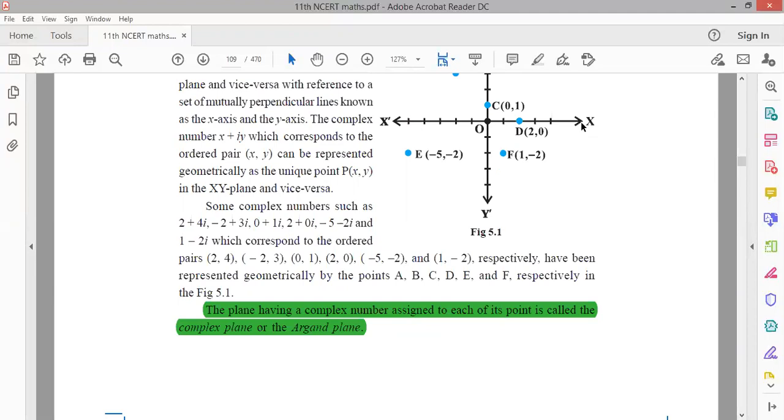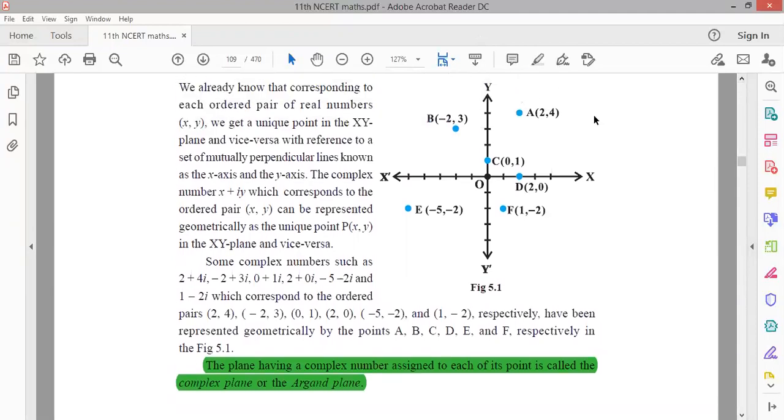Along this horizontal axis, also called the real axis, we represent the real part of the complex number. And along this vertical axis, called the imaginary axis in the Argand plane, we represent the imaginary part of the complex number.